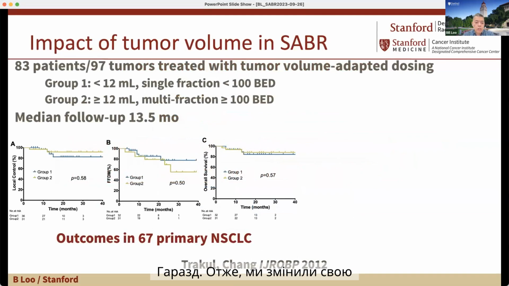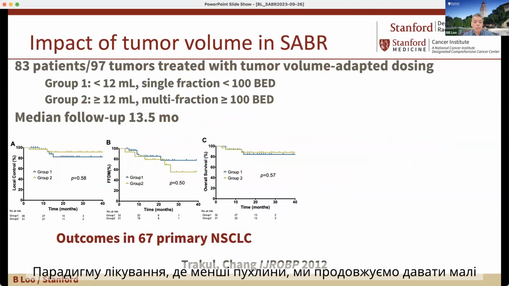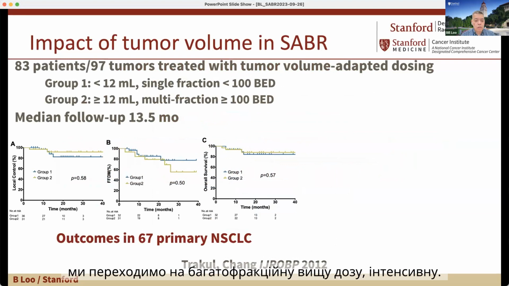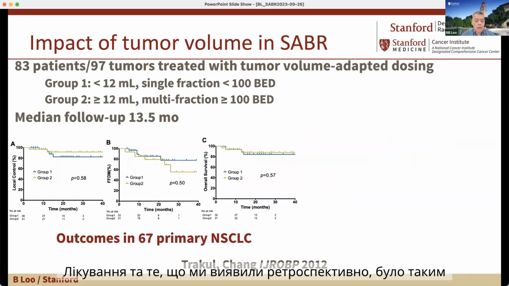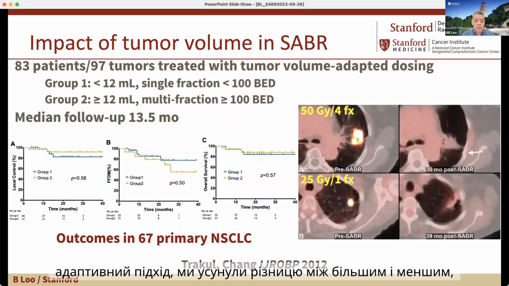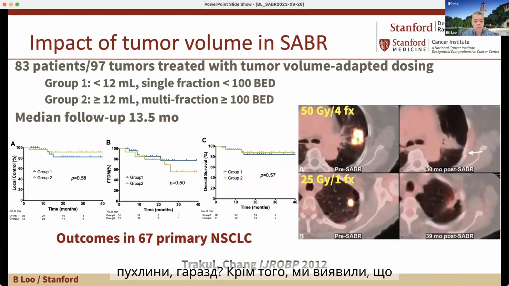So we changed our treatment paradigm, where for smaller tumors we continued to give modest single fraction doses of 25 gray, whereas for larger tumors we switched to multi-fraction, higher dose intensity treatments. And what we found retrospectively was that this adaptive approach eliminated the difference between larger and smaller tumors.